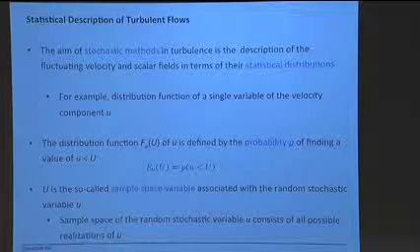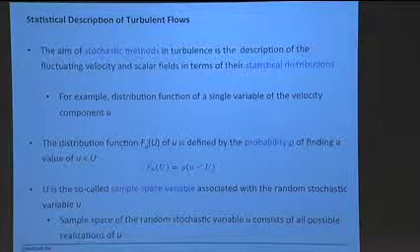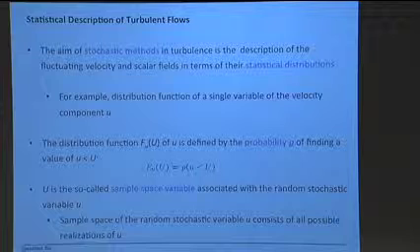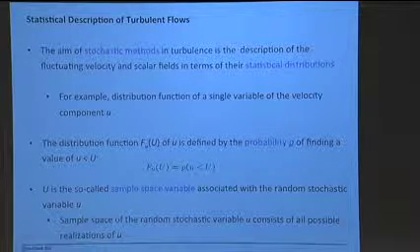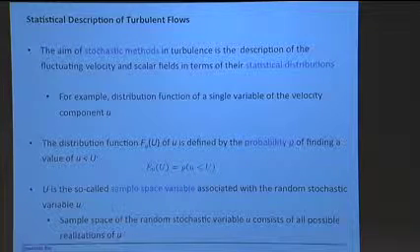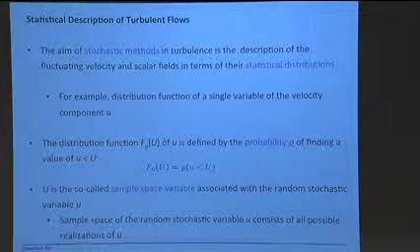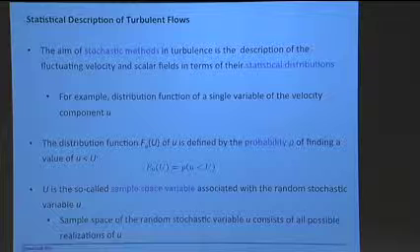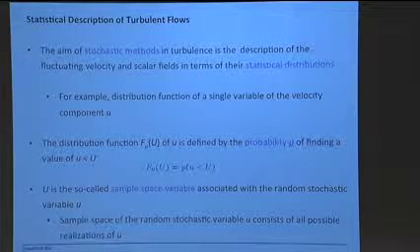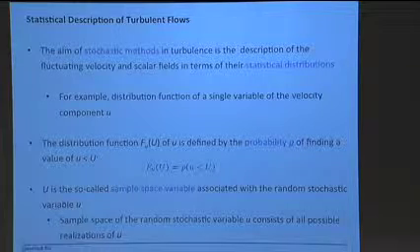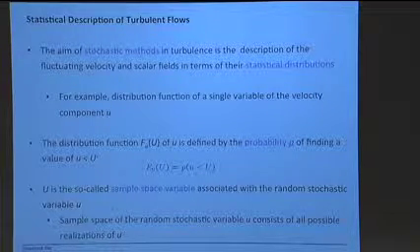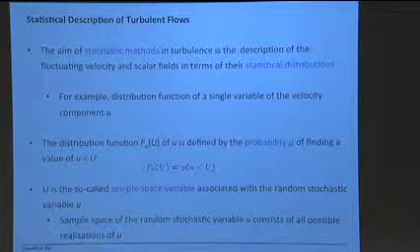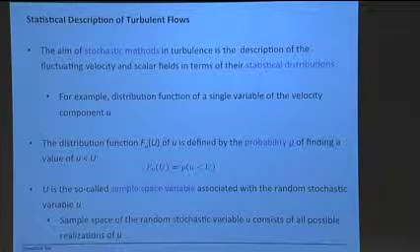So if you have a variable, like the velocity component u, there is a distribution function. Let's say you have a turbulent field and you measure the velocity at one point. You do many measurements of velocity at one point, and you get different values for the velocity at that point. And now there's a distribution, or a so-called cumulative distribution function, f of u, which gives you the probability that u is smaller than a given value.